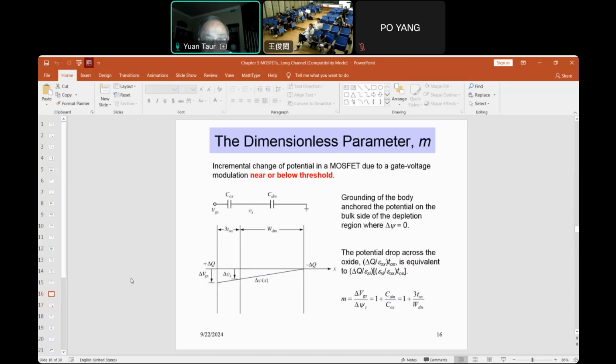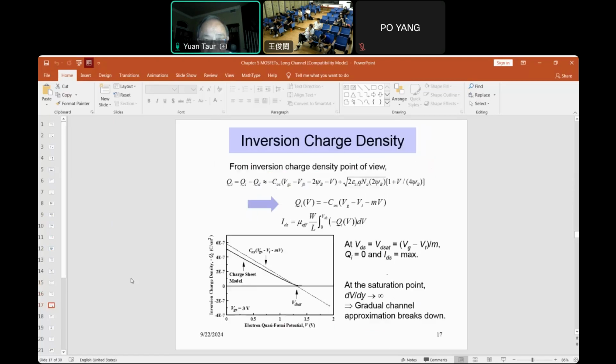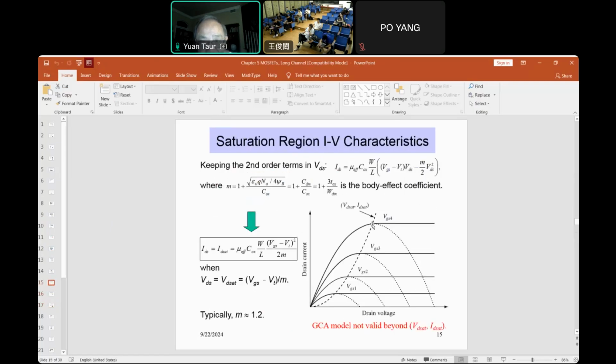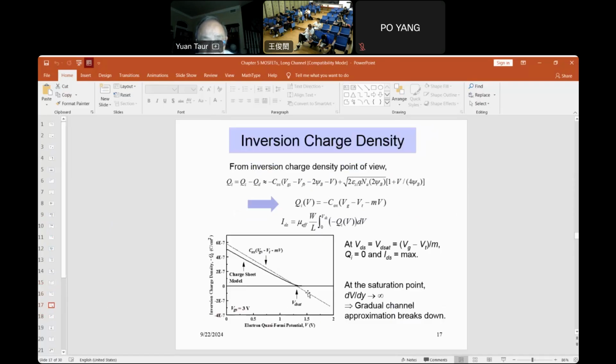So if you follow the charge sheet model, the piecewise model, it will go down. But according to the charge sheet model, it is supposed to be constant. Actually, we have an even deeper problem, because this says that at the saturation point, Qi goes to 0.